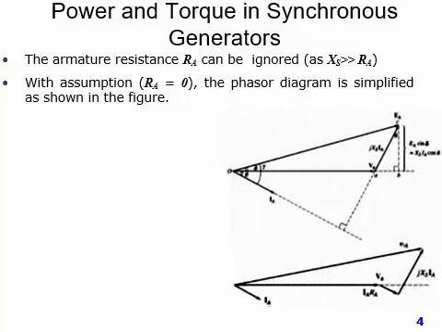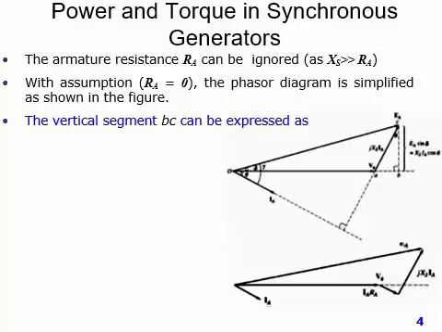Since we know that armature resistance Ra is very small with respect to Xs, we can ignore Ra. If we assume that Ra is neglected, the phasor diagram is simplified as shown in the figure.